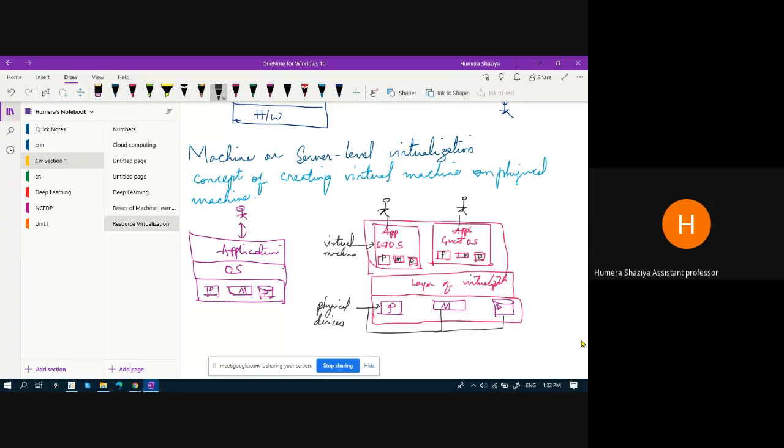In that one server, millions of users' data is stored, and you don't know which users you are sharing the server with, whose data is stored along with yours, or whose requests are processed besides yours. So you are actually working on a virtual machine, not on the physical machine. But when you work on your own laptop with which no one is connected, that is known as a physical machine. Okay, understand students?